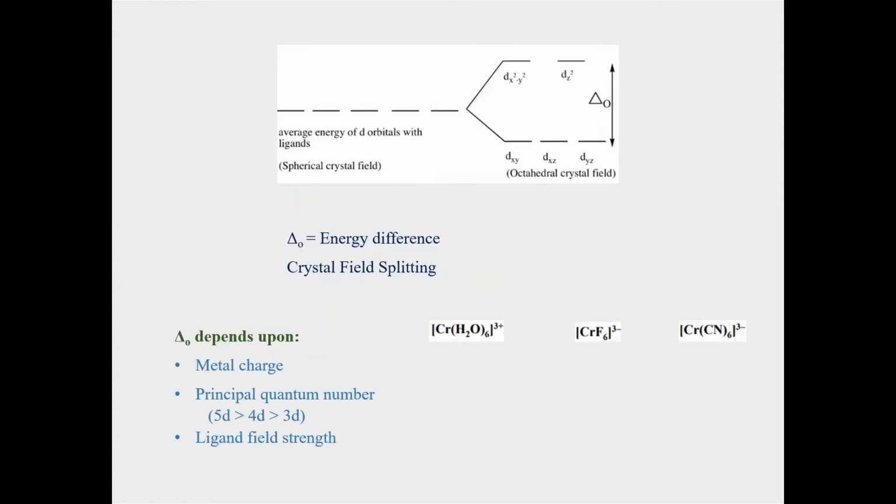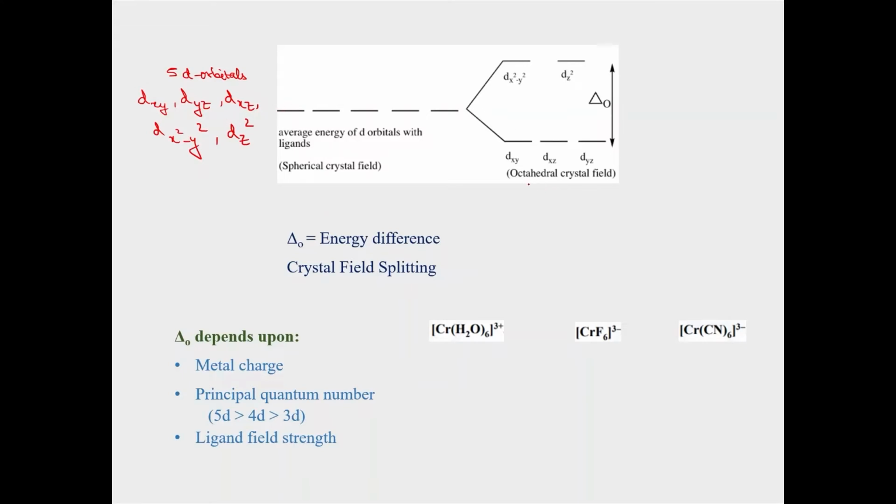So we know that transition elements have 5 d orbitals, which are dxy, dyz and dxz, dx square minus y square and dz square. In a spherical crystal field, all 5 orbitals have the same energy.